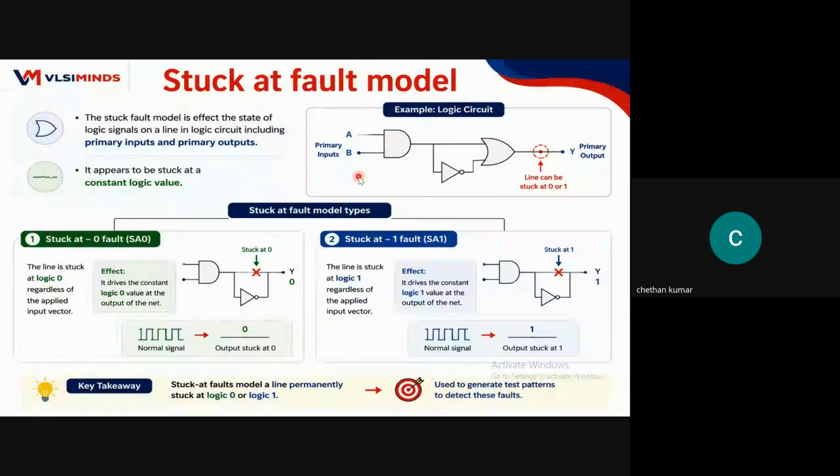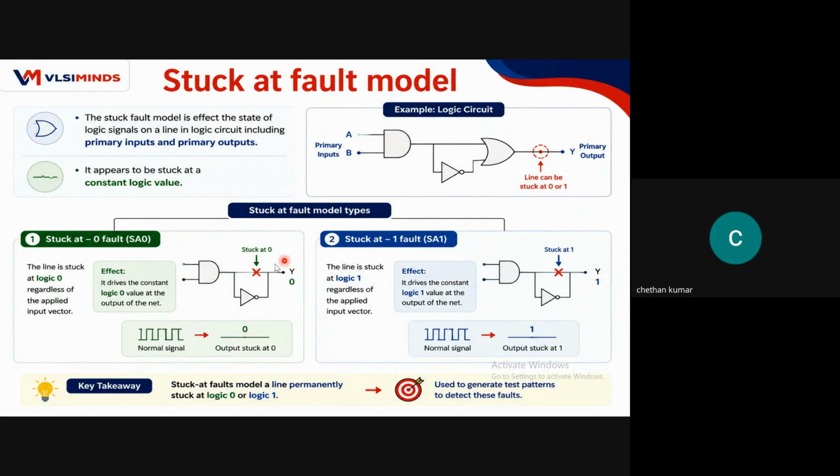We should activate the fault by sending opposite values, and then propagate the fault to the primary output. Then only can we find it out. With that method, we can find out whether it is stuck at 0 or stuck at 1.